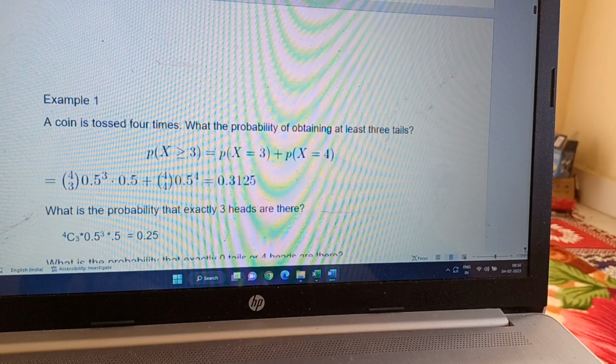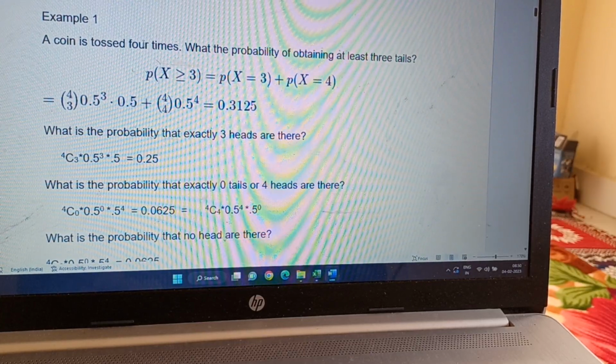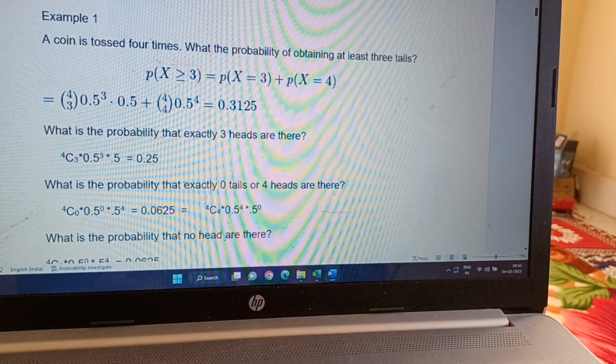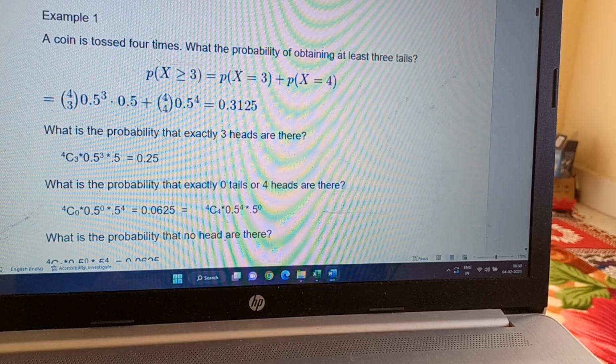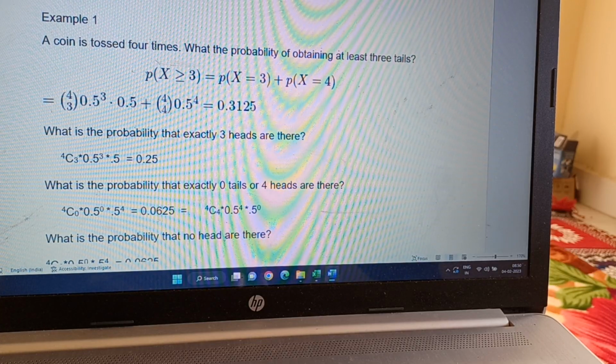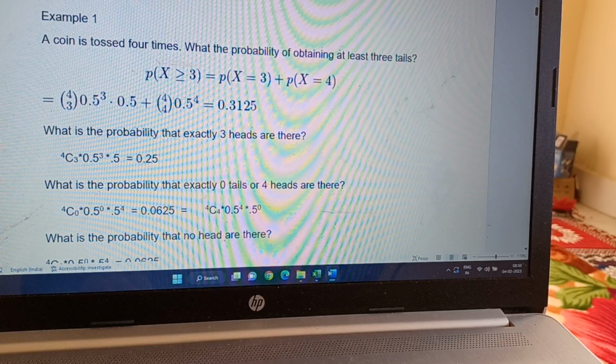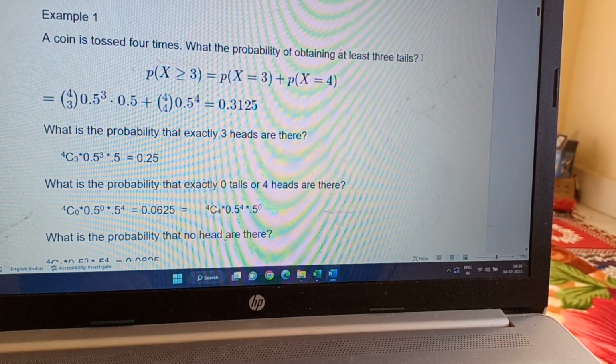So let's go with an example. A coin is tossed 4 times, so n is 4, and you all know that coin tossing is an independent event with probability fixed at half. Now what is the probability of obtaining at least 3 tails?